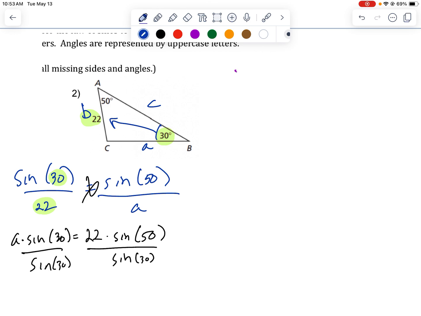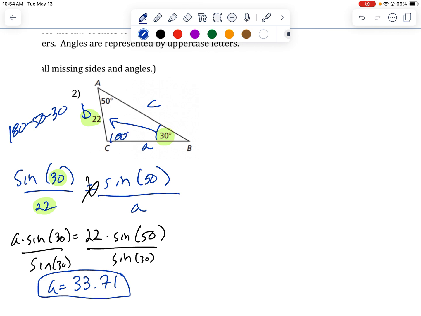A equals 33.71. All right. To find side C, I need to know angle C. Well, angle C is 180 minus 50 minus 30 to get 100 degrees.